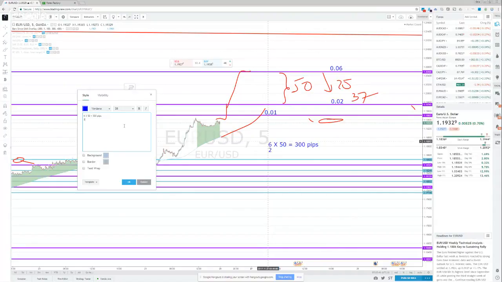Sorry, 2 times 0 pips equals 0, right? 1 times it was about 25 pips, the negative here. So in total, you're getting 275 pips.